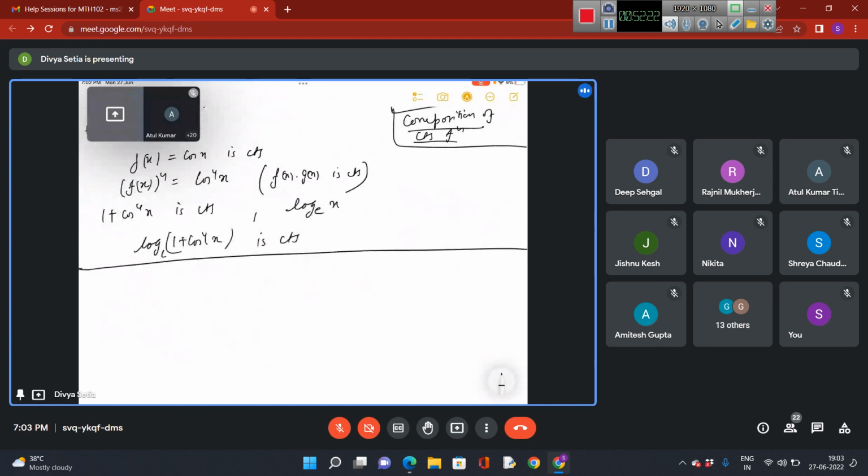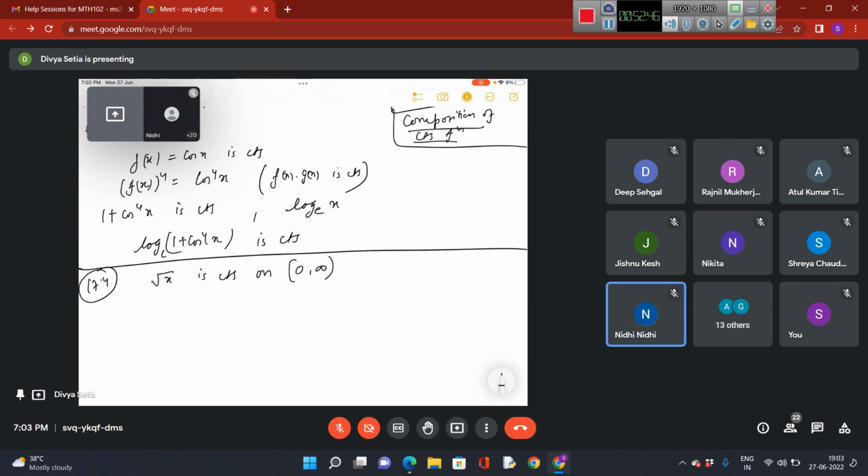Fine. Let's just move to some other problem. It says that square root x is a continuous function on 0 to infinity. How to proceed for this? Sequential criterion or epsilon delta definition? What do you want? Epsilon delta definition.